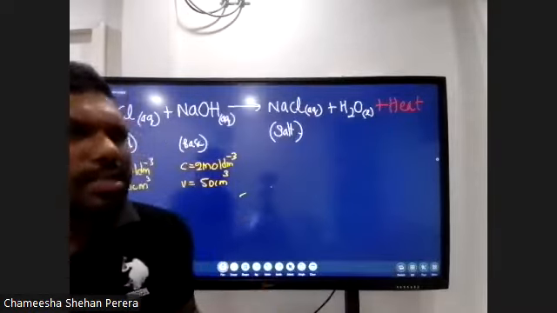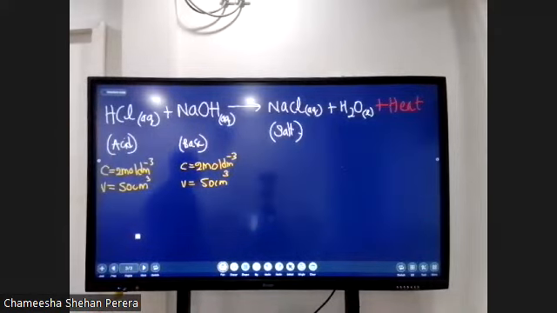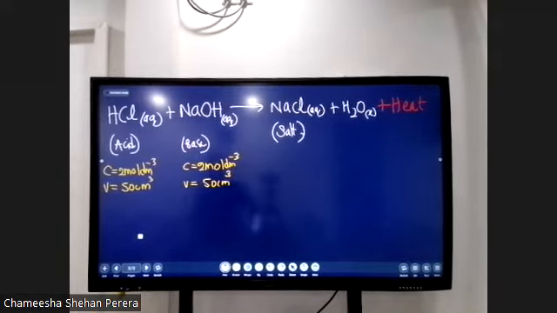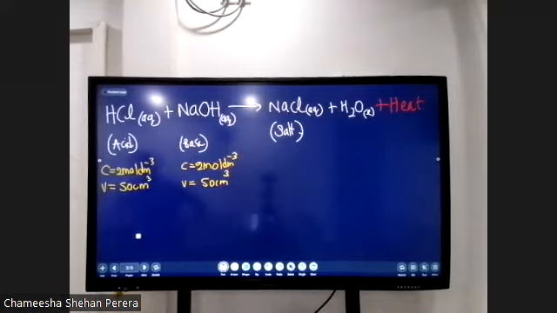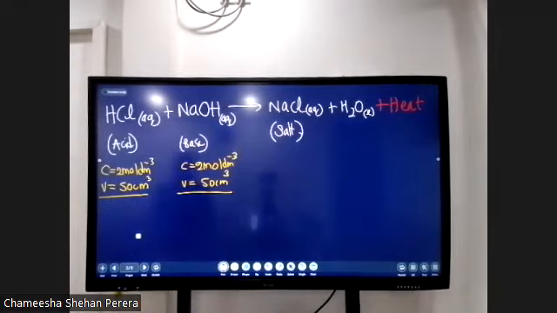We need some more details, but note it down. Just note down the amounts of sodium hydroxide and HCl we are going to use with the concentrations.